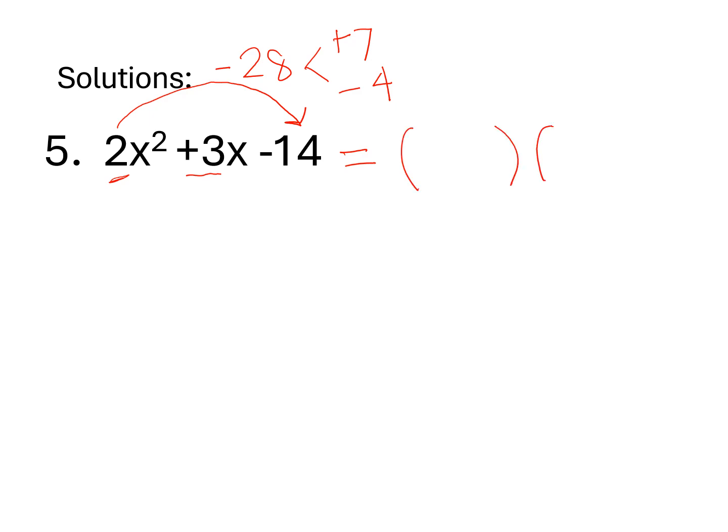So the first and the second factors. So we have x, no. We have, so again, reminders, if the leading coefficient is greater than 1, take note, you have to copy this 2x in each factor, then use the two numbers, positive 7, then here negative 4.